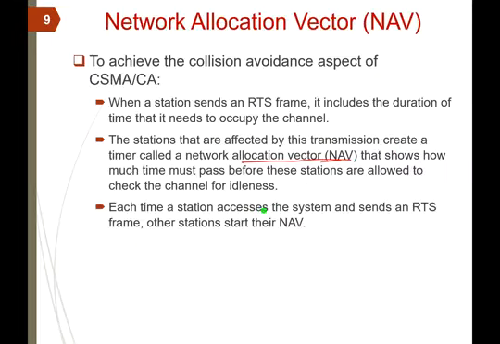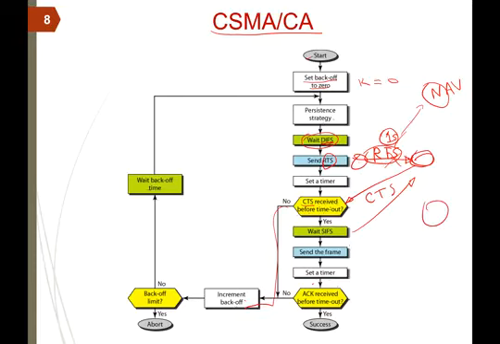Each time a station accesses the system and sends an RTS, other stations will start their network allocation vectors. So all other stations who receive the RTS will start their NAV, and they will not sense the channel and not try to send data until this time expires. There is one station that is intended by this RTS. That station, of course, will send the CTS and start the communication.